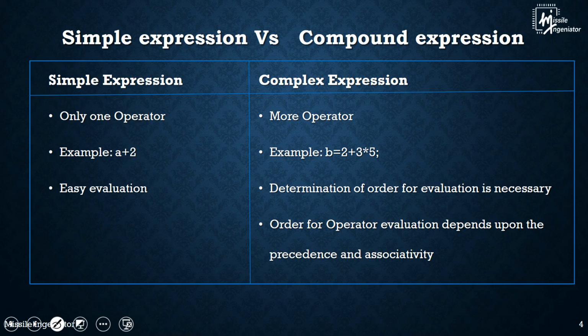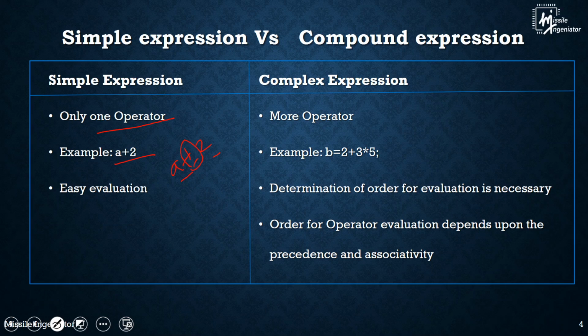A simple expression has only one operator, so it is very easy to understand and also easy to evaluate. The reason is here we do only a plus, so only one operation on these two operands with the operator plus.